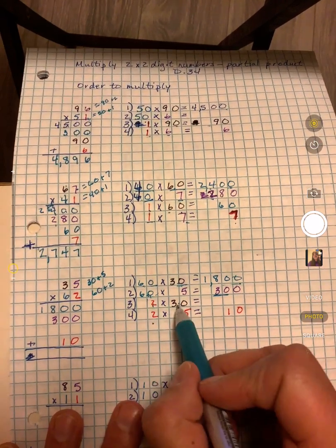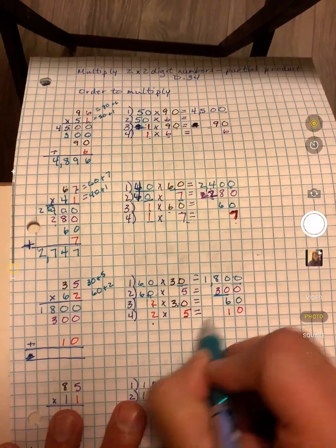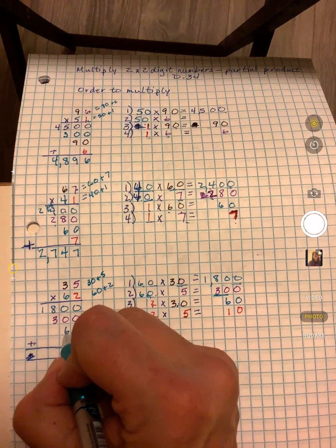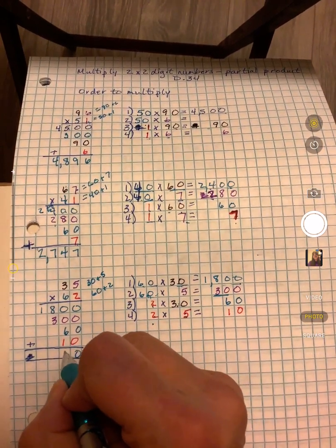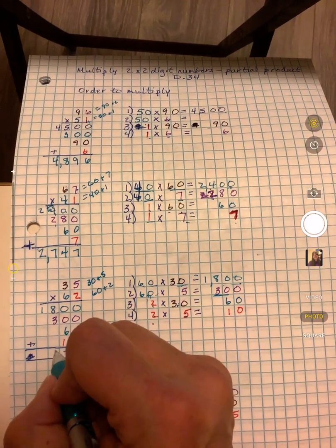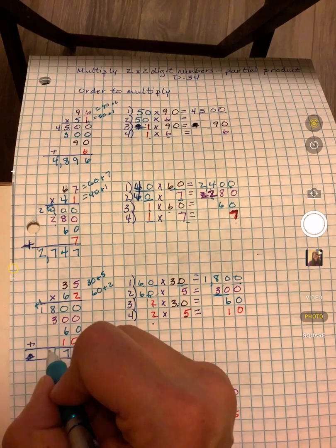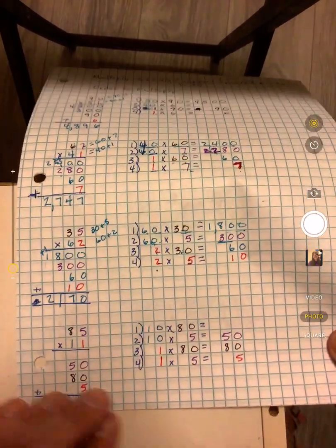Now we have 2 times 3 is 6, and we add a 0 behind it, and then 2 times 5 is 10. So we put our 60 here, and we add. That's 0, 7, 8 plus 3 is 11, so I carry this. 1 plus 1 is 2. Okay?